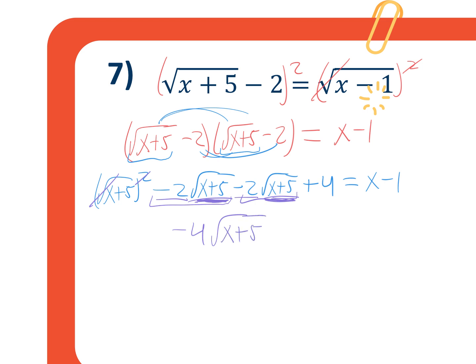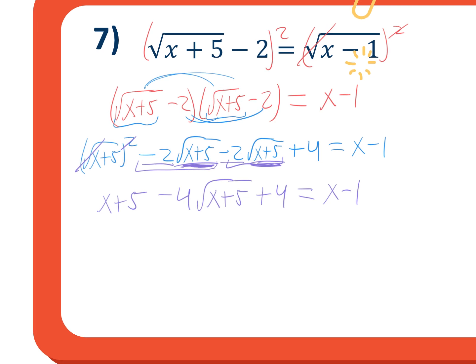So we get negative 4 square root of x plus 5, and then we get x plus 5 plus 4. All right, and this is equal to x minus 1. And now combining like terms even further, we can combine this 5 and the 4, and then we get x plus 9 minus 4 square root of x plus 5 equals x minus 1.